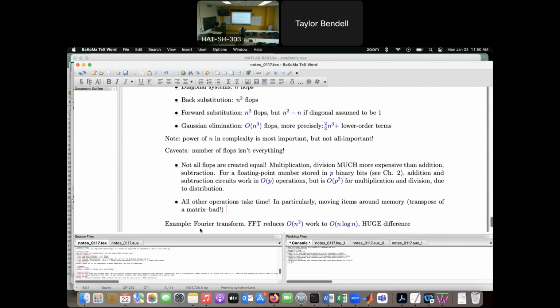Okay, one of the most famous algorithms is the fast Fourier transform, the FFT. Now, if you look at the definition of what's called the discrete Fourier transform, and you just take the formula and implement it in the most straightforward way, transforming a vector of n elements would take order n squared work. But some observations that were made a long time ago led to being able to break an n-point FFT into 2 FFTs of size n over 2.